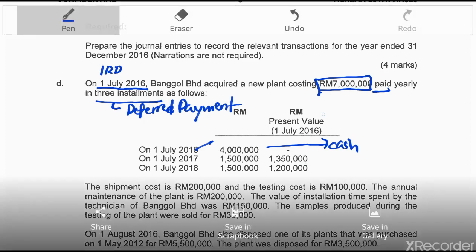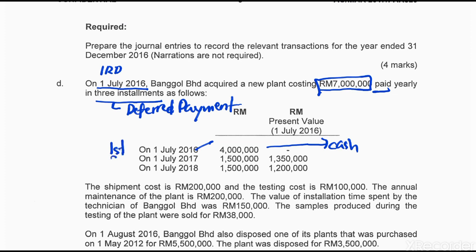So the present value is of course the same, because it is about the value today. And the second installment, this is the first, second, and this is the third. The third installment you will pay here.